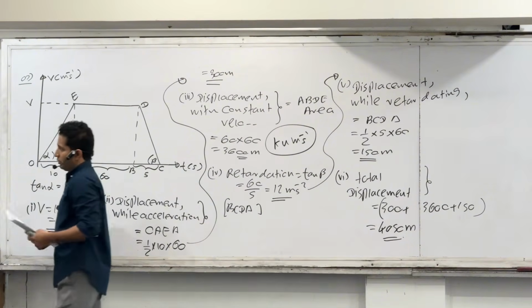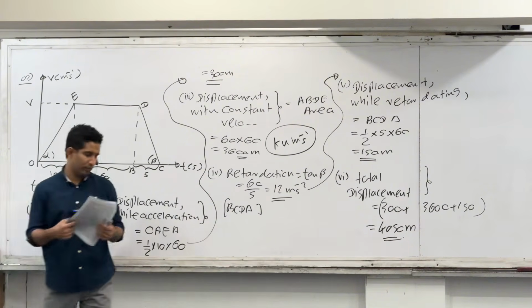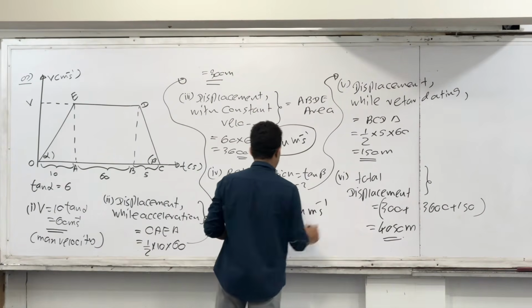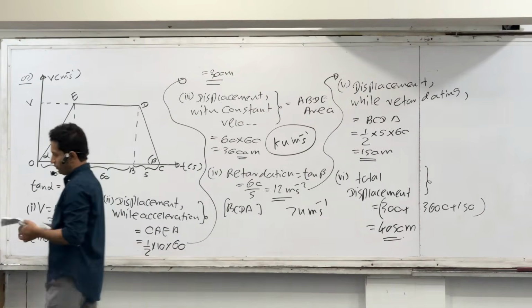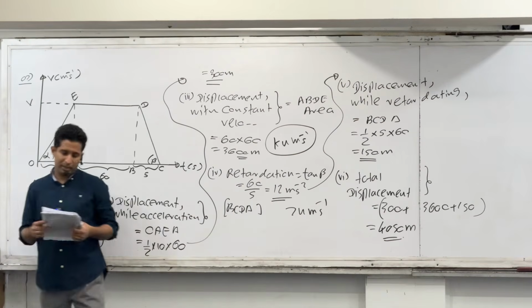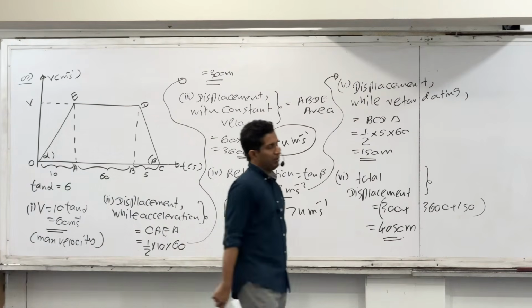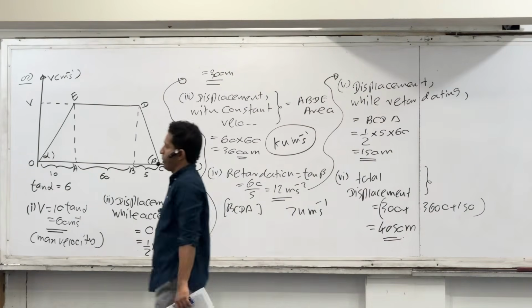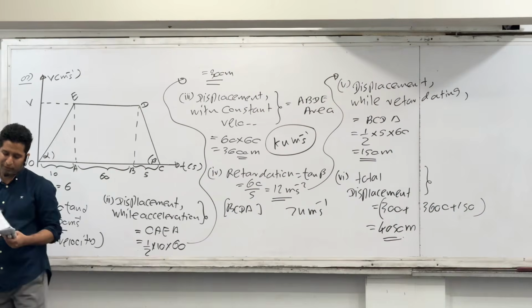When the velocity is 7u m s^-1, find the time taken and the displacement.